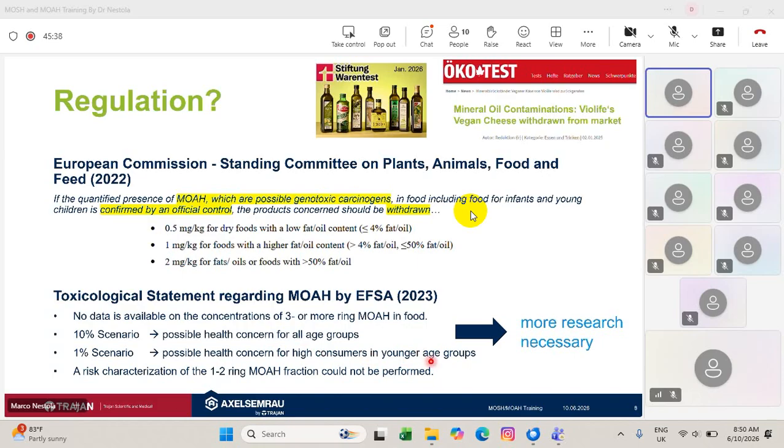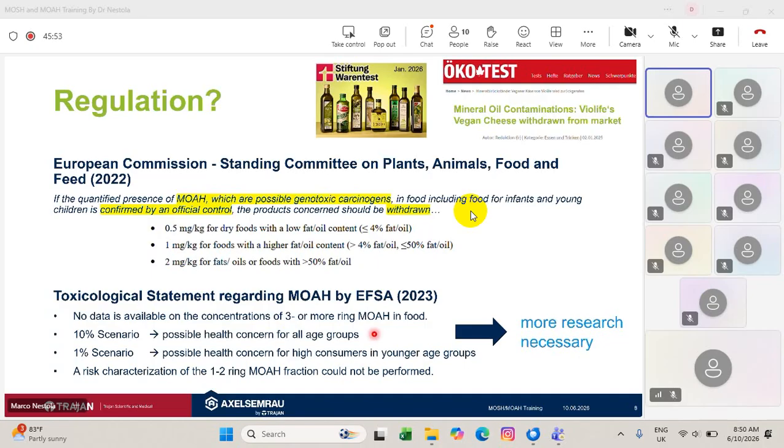But when it's 10%, it could potentially be a health concern for all people. Does that make sense? Okay. But since this is not known, it's still a topic for upcoming research.